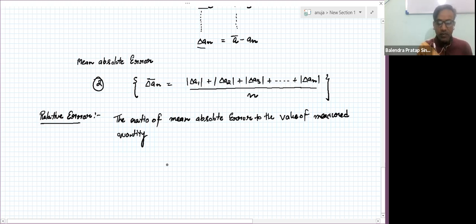So small delta A is equal to capital delta A bar divided by A bar.